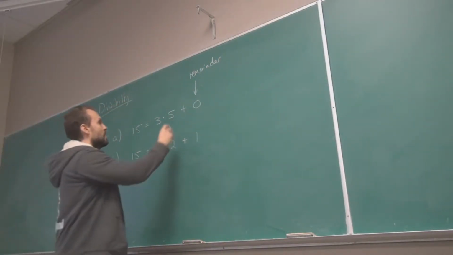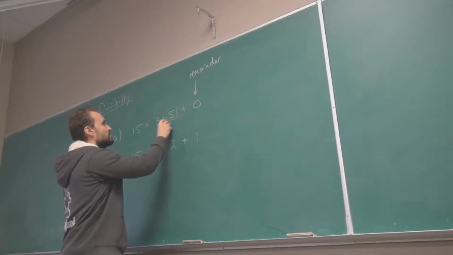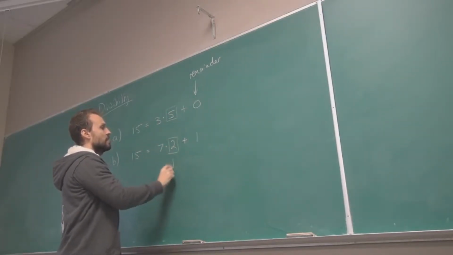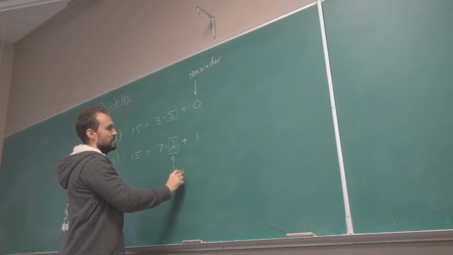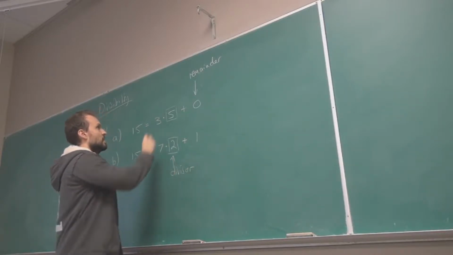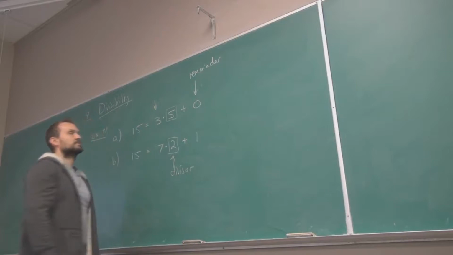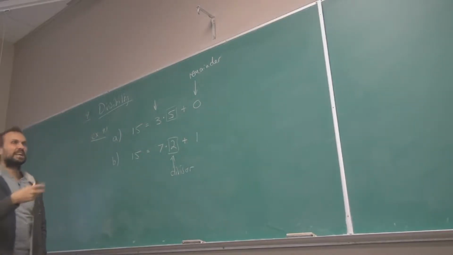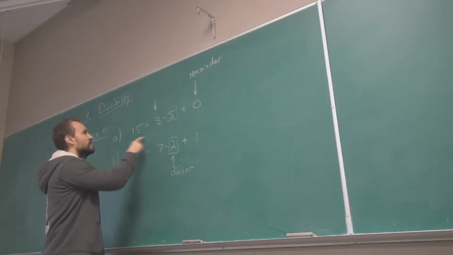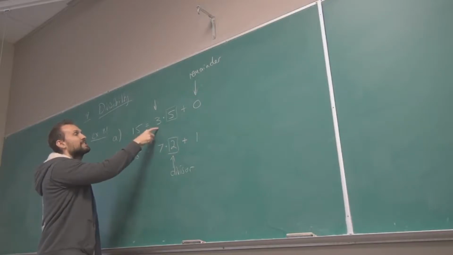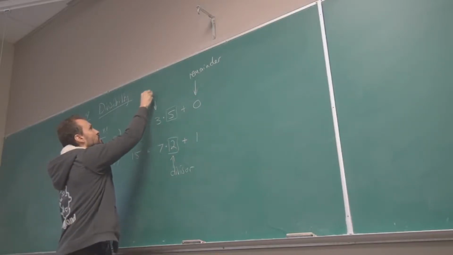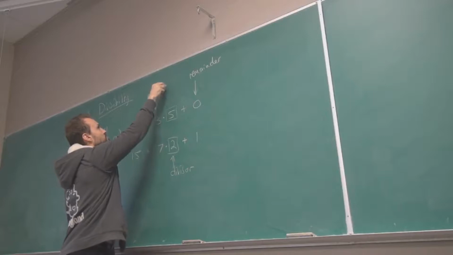Remainder. So this is our number of choice here. We'll call that the divisor. We'll call this sort of like an answer when I'm trying to fit the divisor into the number. How many times does that happen? We'll call that the quotient.